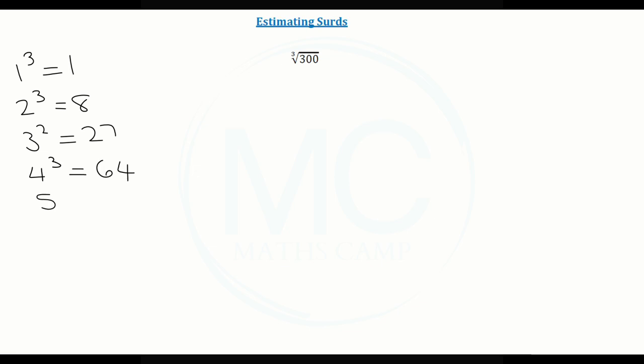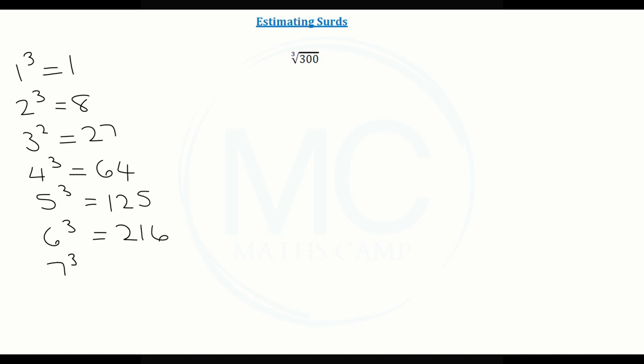Let's write down some cube numbers. 1 cubed is 1. 2 cubed is equal to 8. 3 cubed is equal to 27. 4 cubed is equal to 64. 5 cubed is equal to 125. 6 cubed is equal to 216.